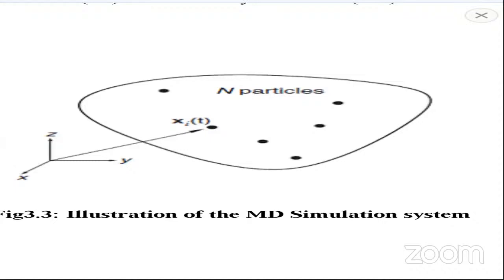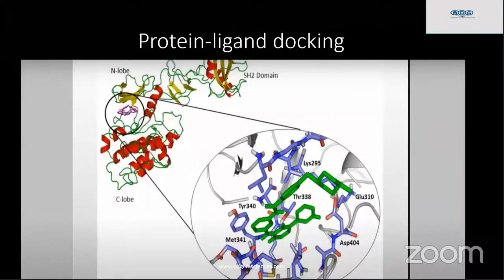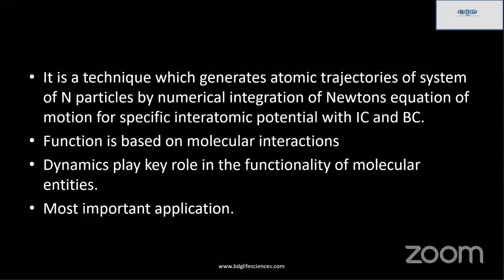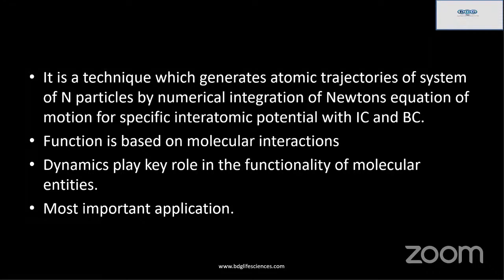Applying it for each and every particle will give me, at the end, the trajectory of the system. Studying this trajectory gives you a better idea of how well the protein is stabilized. So we are stabilizing the protein by running a simulation program, and that is the NAMD and VMD program.